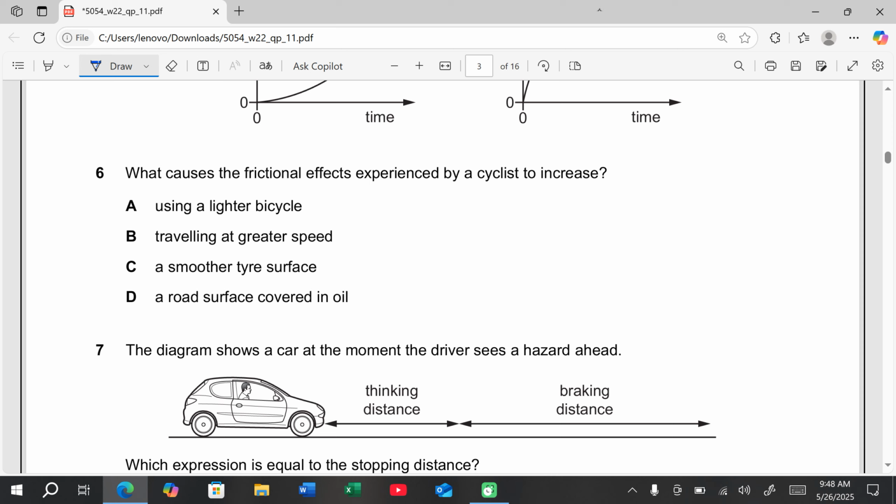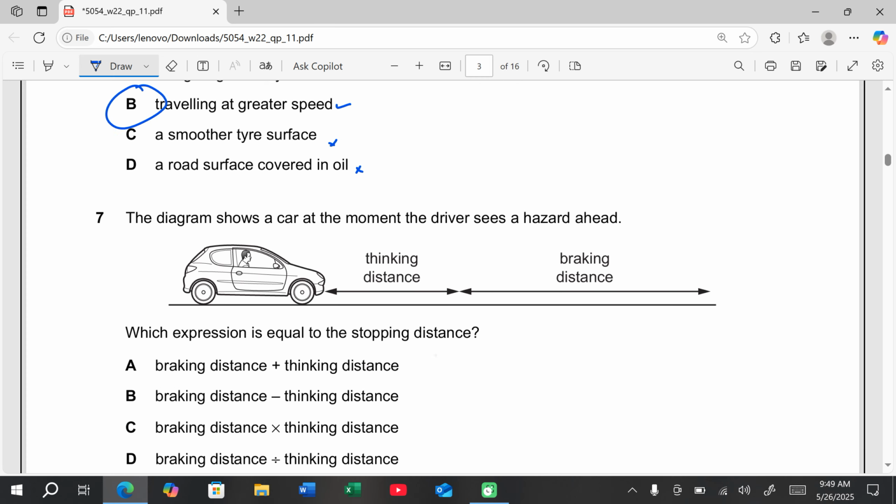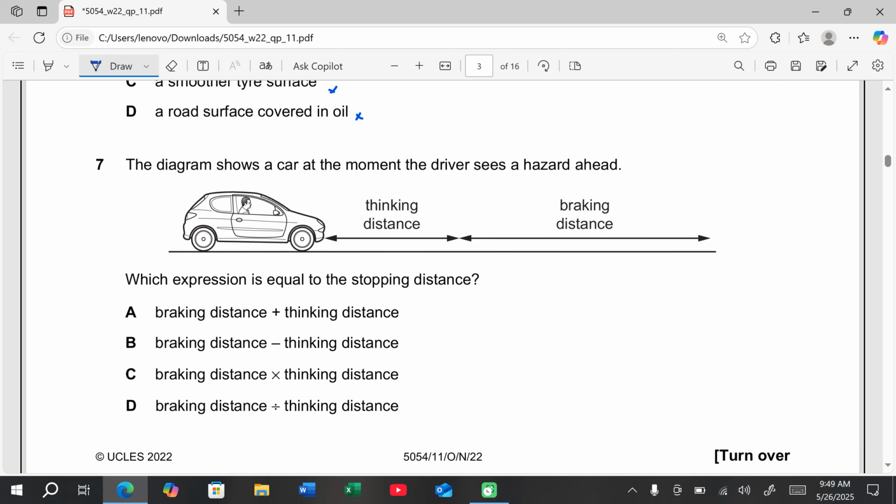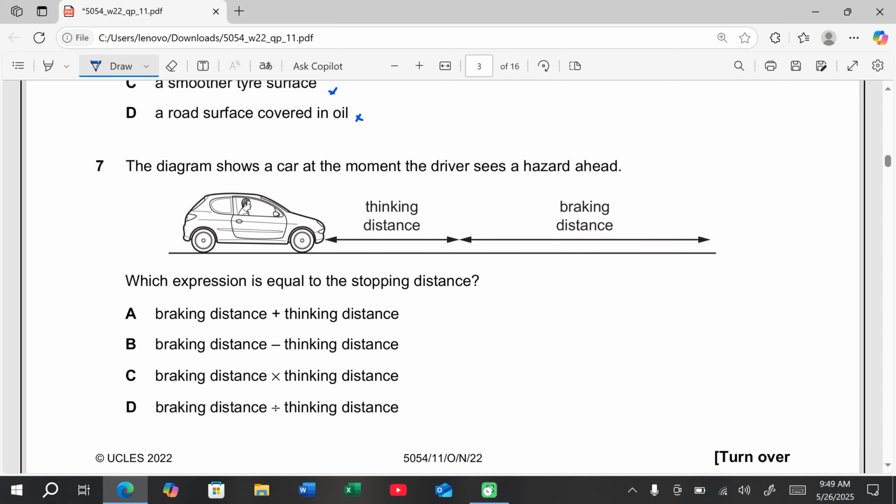Oil, the road surface is covered with oil, that should also decrease, so that's only B. The diagram shows the car at the moment the driver sees a hazard ahead. This is the thinking distance, then this is the braking distance. Which expression is equal to the stopping distance? You need to add both, braking and thinking.